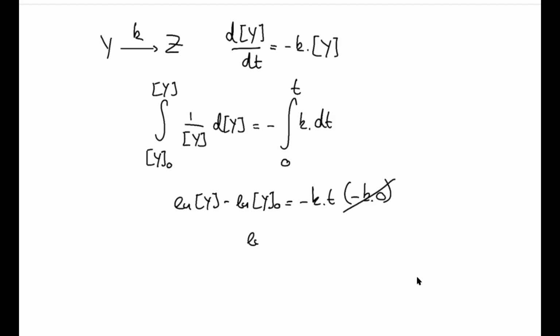So we have ln y is ln y0 minus k times t. So we have y is y0 times e to the minus kt. Okay, this one you of course already knew.